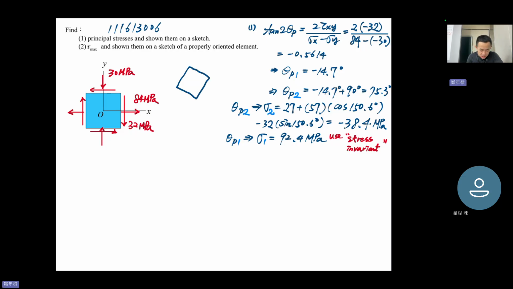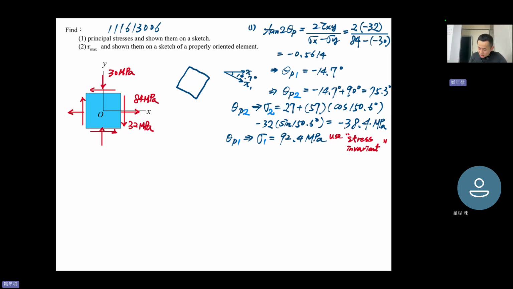Okay, this is a stress element, and the principal orientation will be: this is X, and this is X1, and we call that minus 14.7 degree.